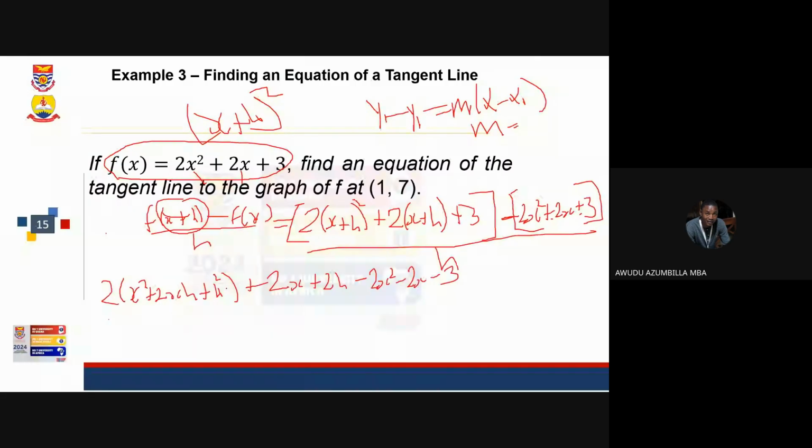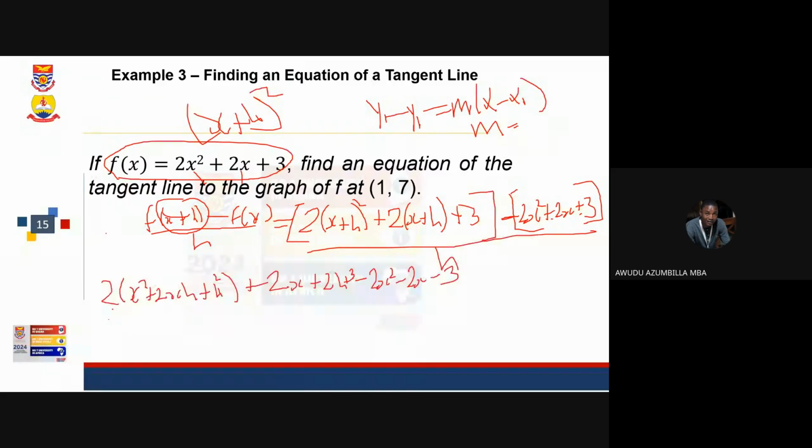Yes, so plus 3 should be here, after the plus 2h. Yes, it should be here, plus 3. Thank you for that notice.